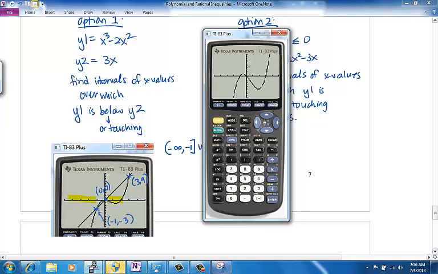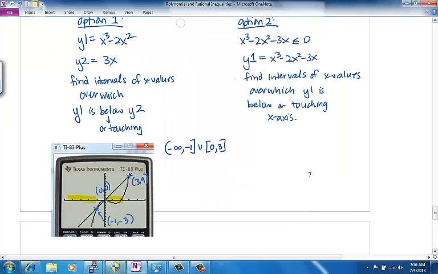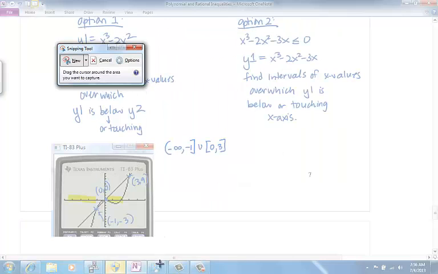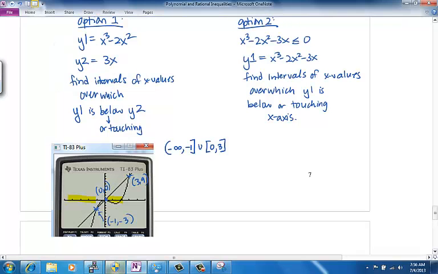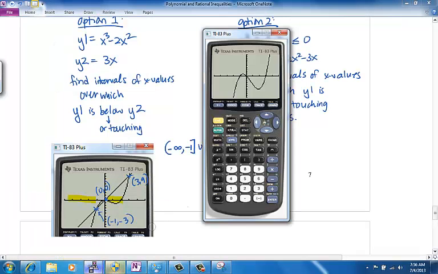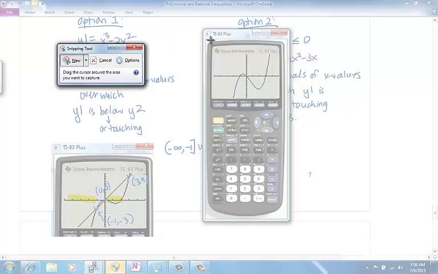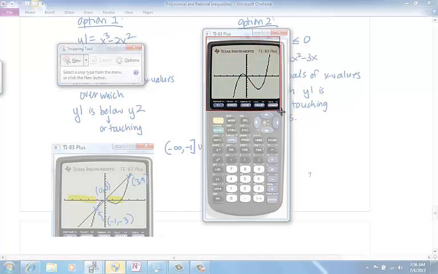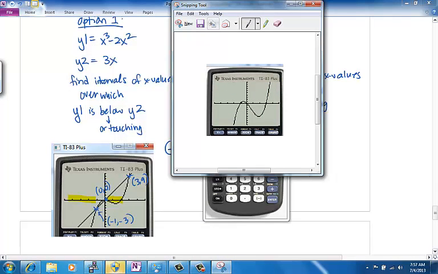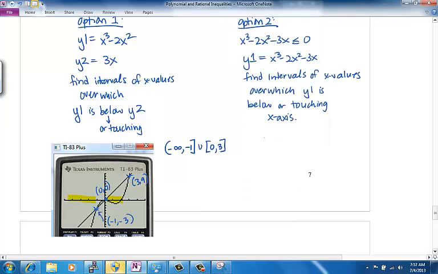So let's take a picture of that. Paste it in.